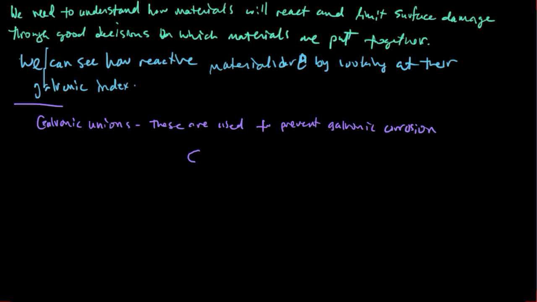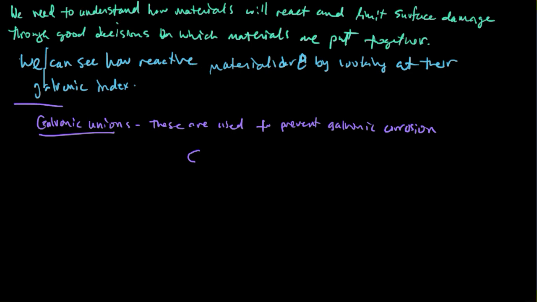Okay, so plumbers are very well aware of this, and plumbers will use galvanic unions if they have to have a material change between two different materials, and they need to make a seal.